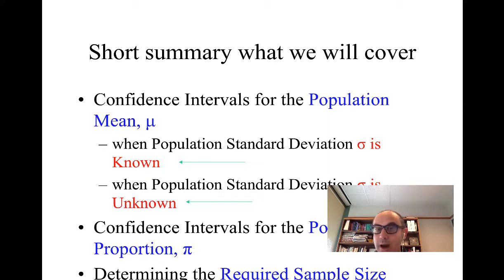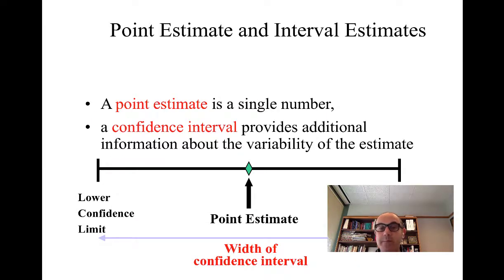But this is what I want you to get out of it: to understand why it is so important to estimate the population mean, what the population proportion is, and how we determine the required sample size. Why is it so important? Again, this is part of our calculation and how we apply that.